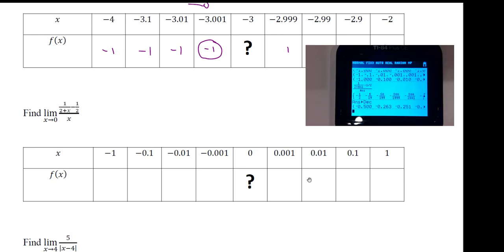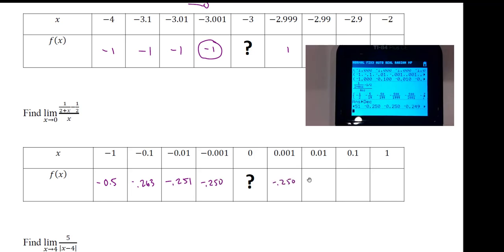And it looks like we're getting -0.5, -0.263, -0.251. Continuing on, looks like -0.250 at both of these. -0.250.